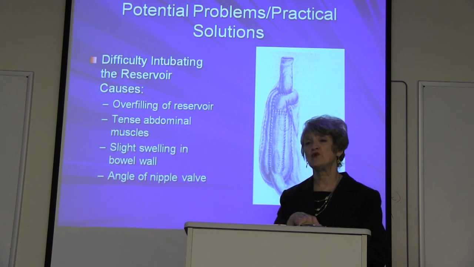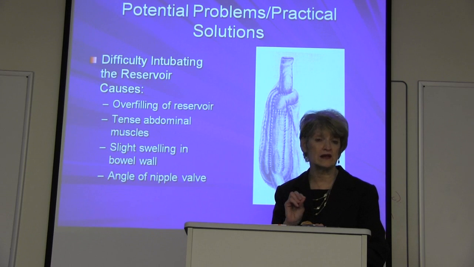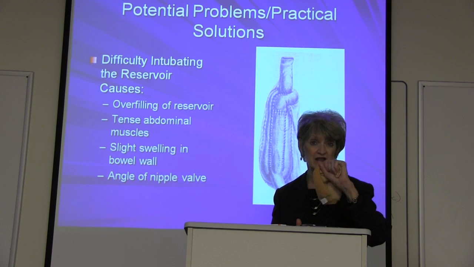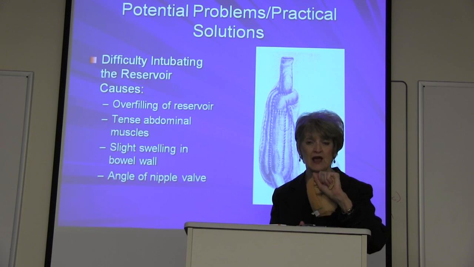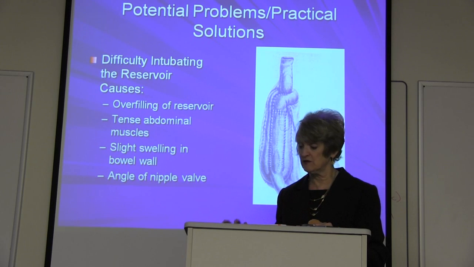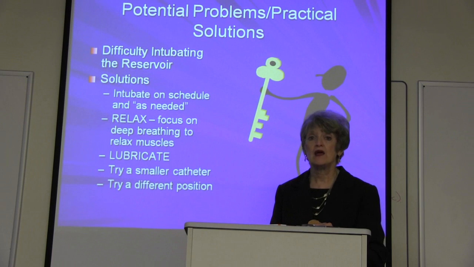A very common reason is slight swelling in the bowel wall, so maybe a very mild gastroenteritis, a little bit of increase in stool production, a little bit of swelling of the bowel wall, and now you've got a very tight sleeve. And sometimes it's the angle of the continence mechanism of the intussusception.